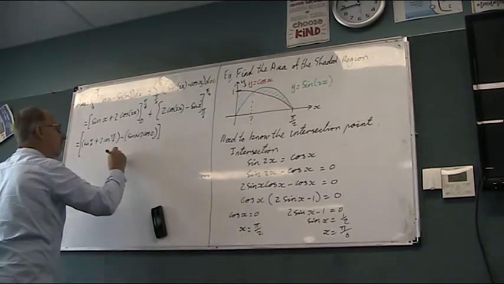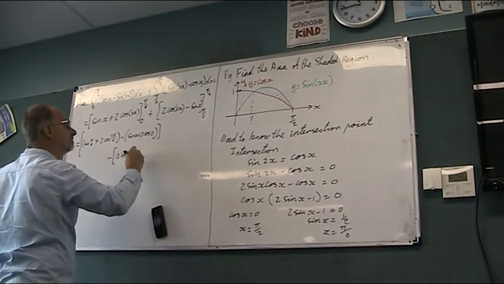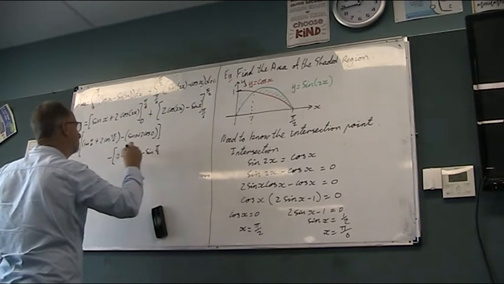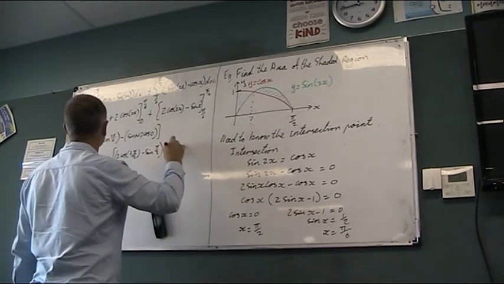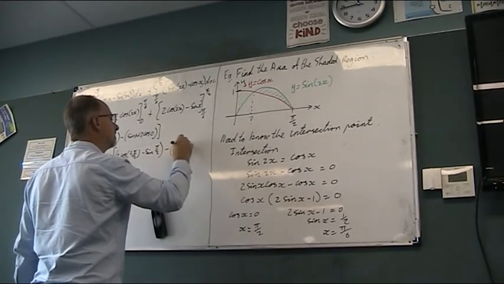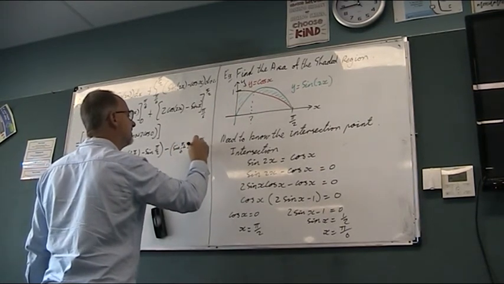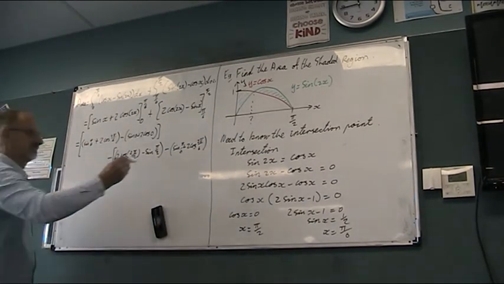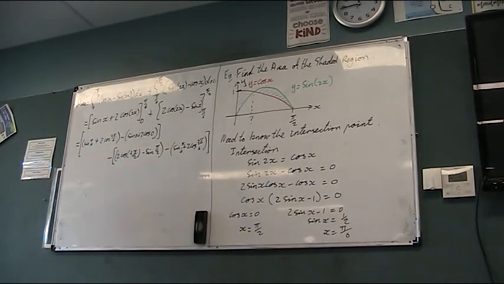Alright, so it's 2 cos 2 pi on 2 minus sine pi on 2, subtract sine pi on 6 plus 2 cos 2 pi on 6. Alright, if I've got that right.